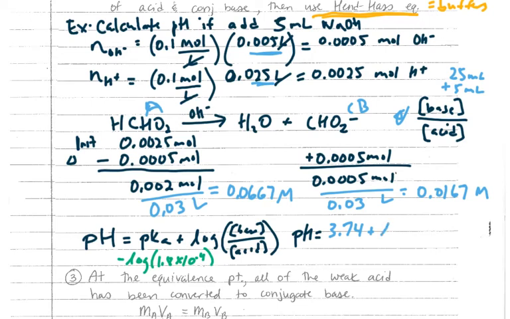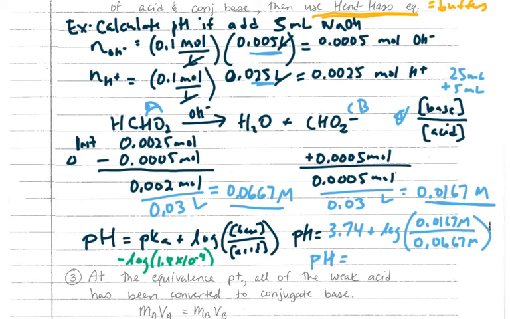plus the log of the concentration of the base, which is 0.0167 molar, over the concentration of the acid, 0.0667 molar, and that comes out to a pH of 3.14.